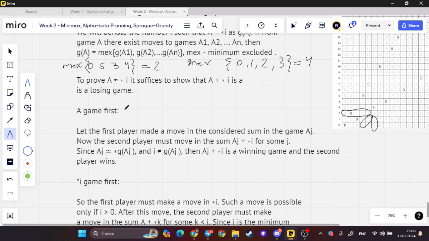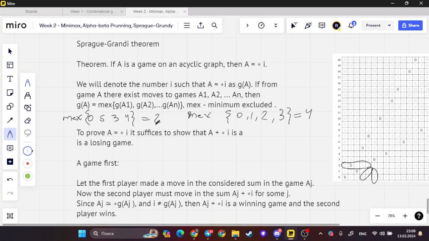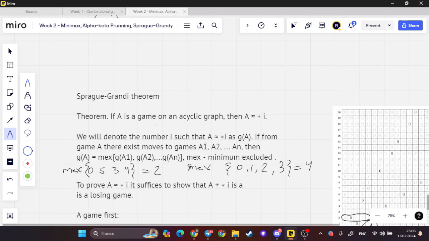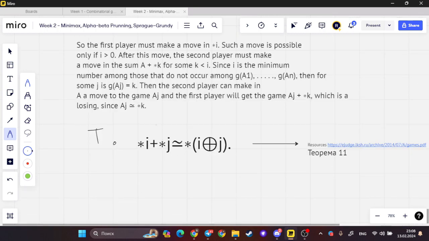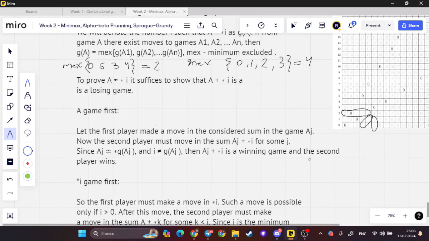Suppose the first player makes a step in the A game. He can move in any of these games A1, A2, and so on. Suppose he moves to AG.